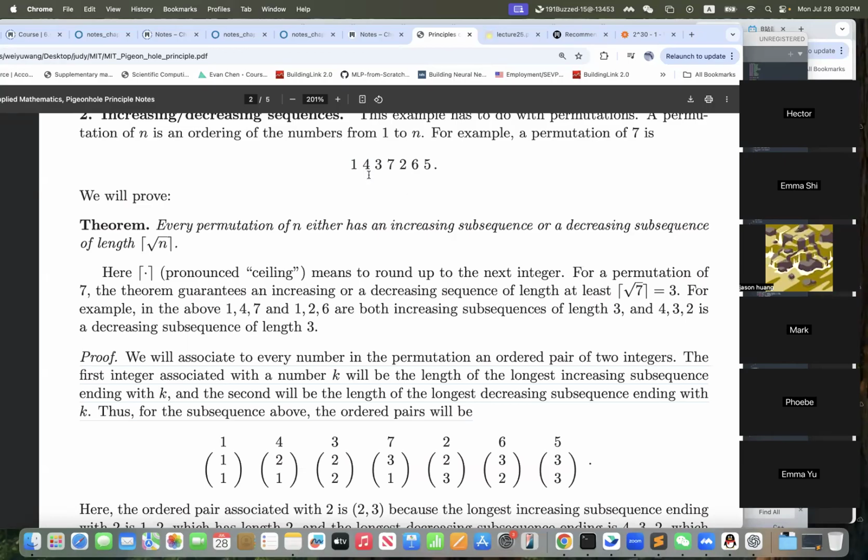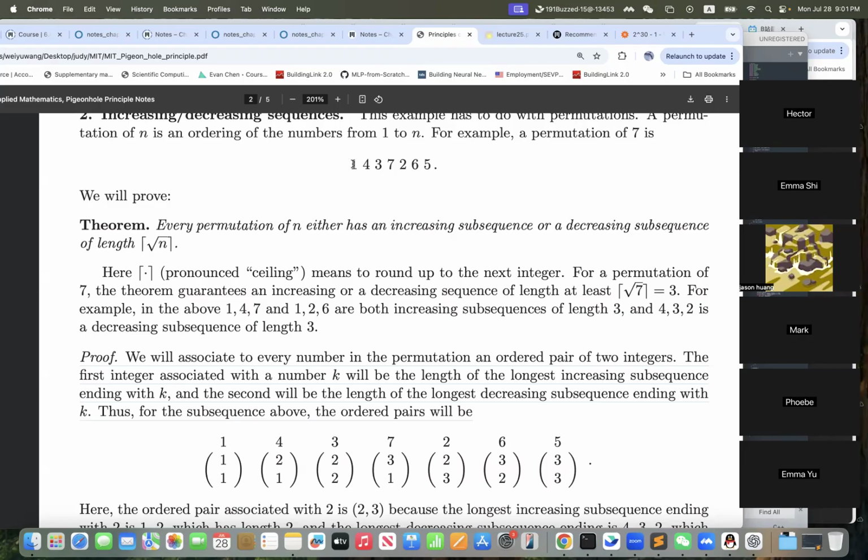Let's break it down. Ending with 3, what can be a subsequence ending with 3? It means stop at 3. You can be 1, 3, right? 1, 3 is a subsequence. 4, 3 is also a subsequence. 1, 4, 3 is also a subsequence, but 1, 4, 3 is neither increasing nor decreasing.